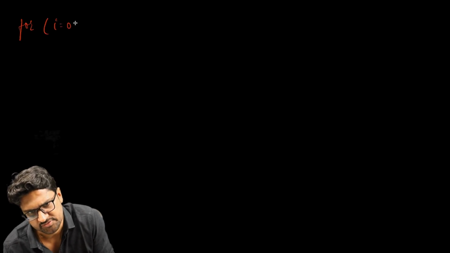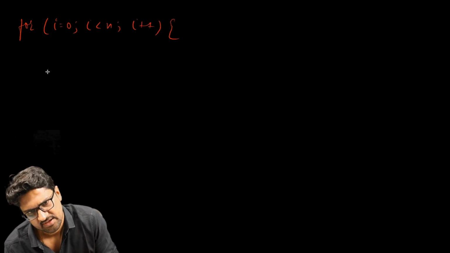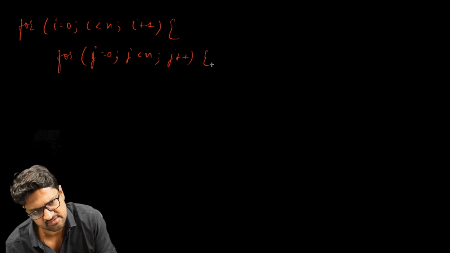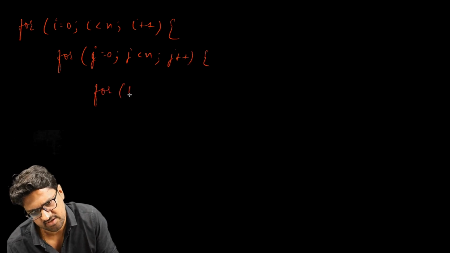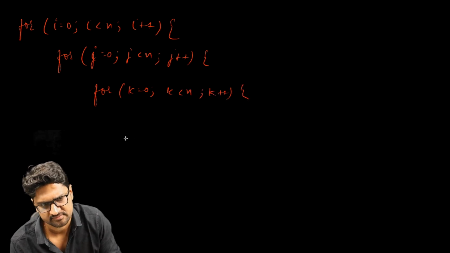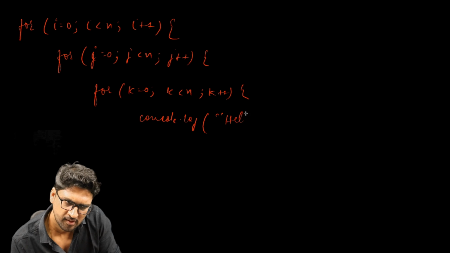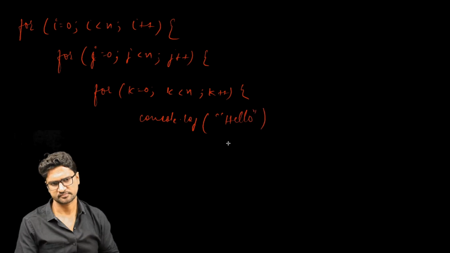For i equals 0, i is less than n, i plus plus, and then for j equals 0, j is less than n, j plus plus, and then I have for k equals 0, k is less than n, k plus plus, and then you write here console.log hello, right?